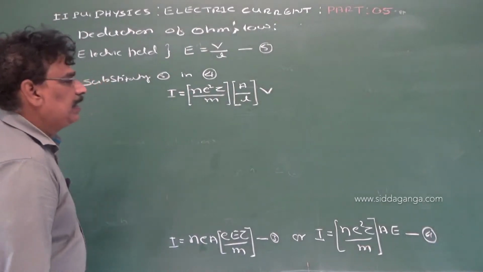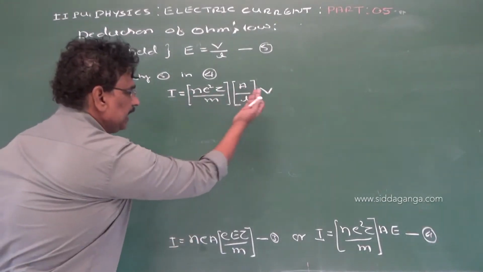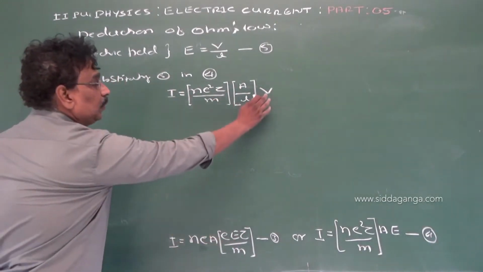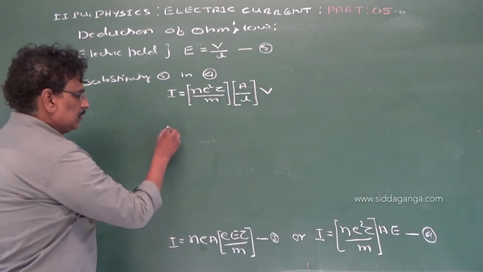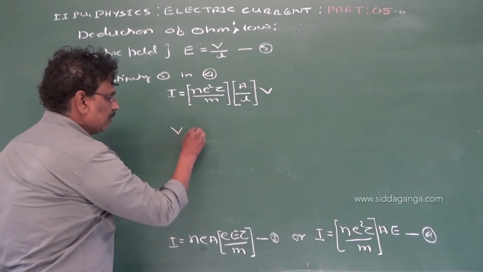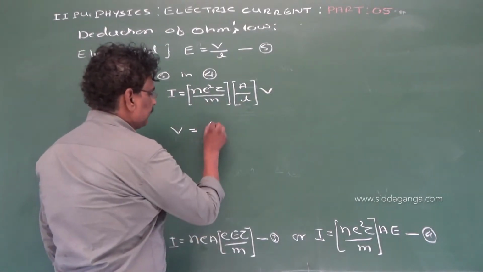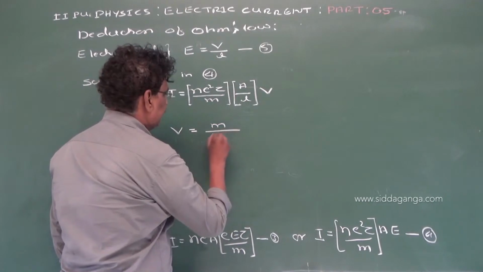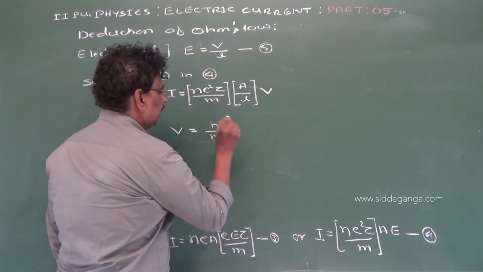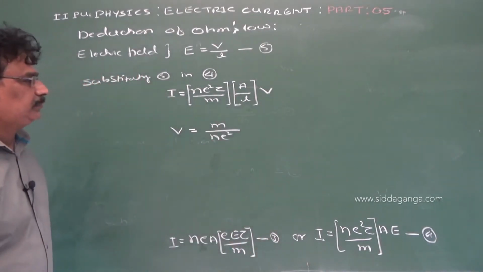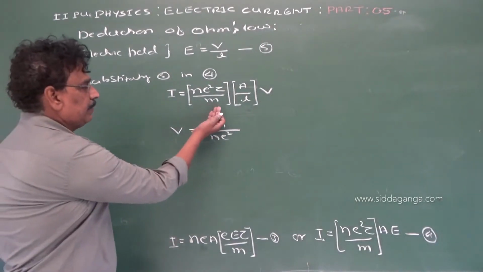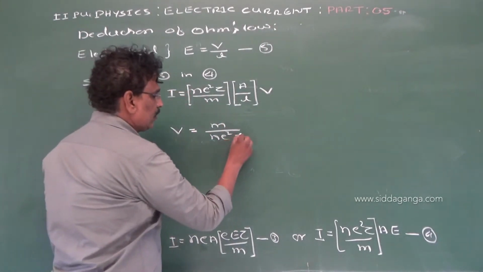Now equating it to V, V is equal to m by n e square tau.